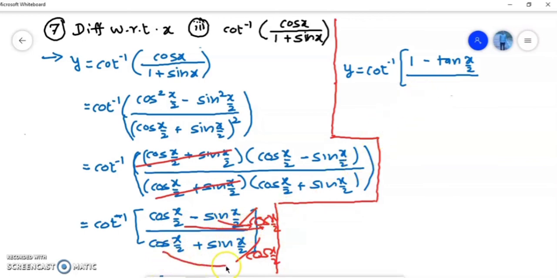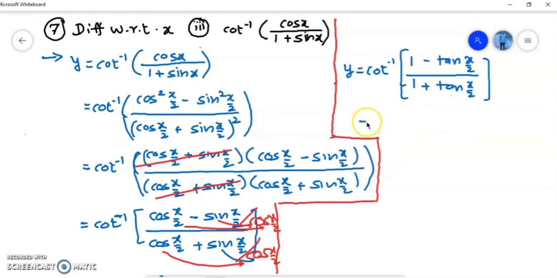Same thing, cos x by 2 upon cos x by 2 is 1, plus sin x by 2 upon cos x by 2 is 1 plus tan x by 2. So now this is cot inverse of 1 minus tan x by 2 upon 1 plus tan x by 2.